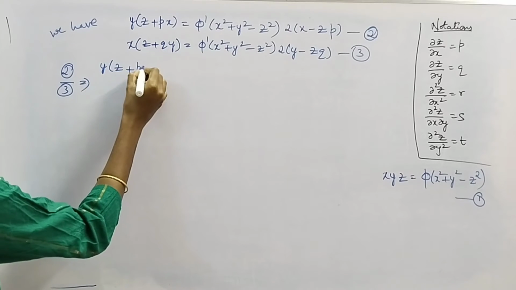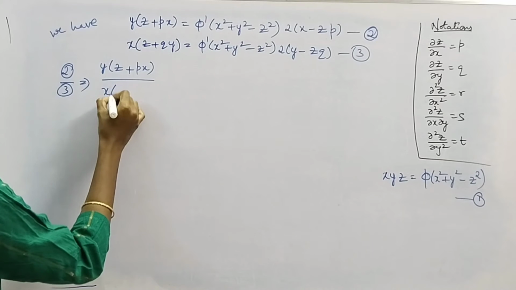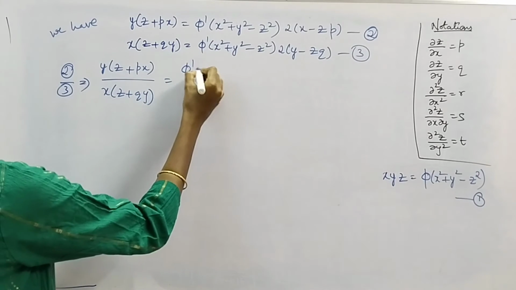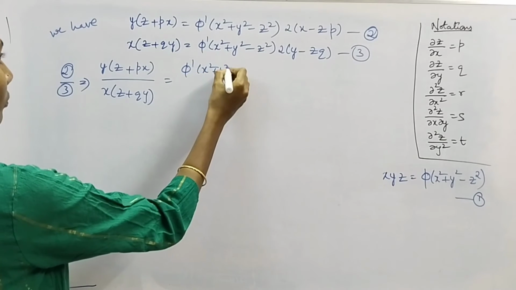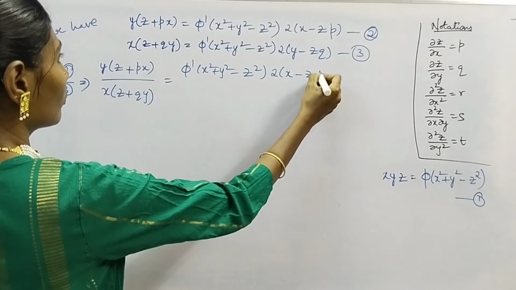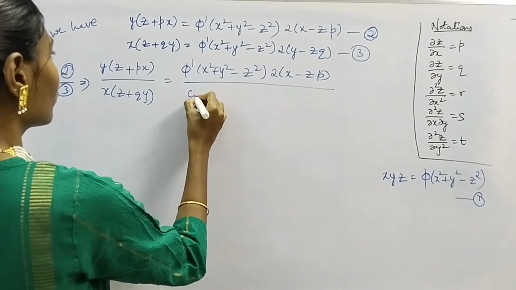Dividing the LHS of 2 by the LHS of 3 is equal to dividing the RHS of 2 by the RHS of 3.